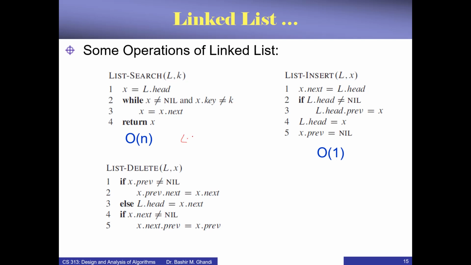So L.head points to a node, which points to another node, and our x, the node we want to delete, is here at the beginning. Okay, remember x is not a key, it's a whole node. So suppose we have a reference to a node in the list that we wish to delete. So this is scenario number 1 where x actually points to the first node in the list.